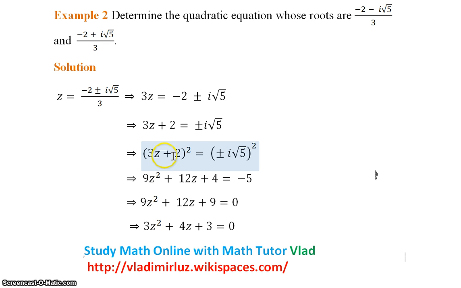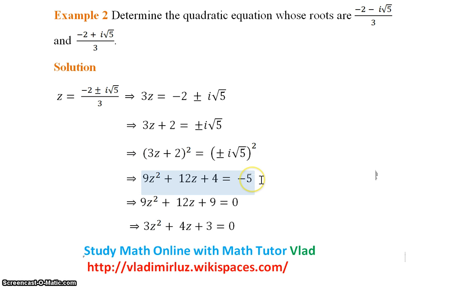In the left side, we apply the formula square of sum, square of the first term plus twice product of the terms plus the square of the second term. And in the right side, plus minus squared of course gives us plus. i squared gives minus 1 and square root of 5 squared gives 5. So the square of the right side is negative 5.